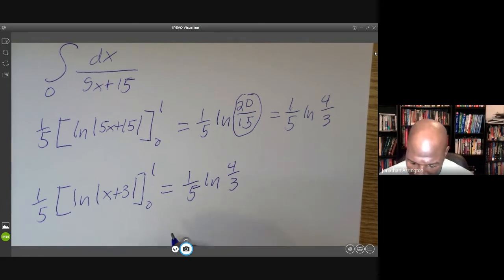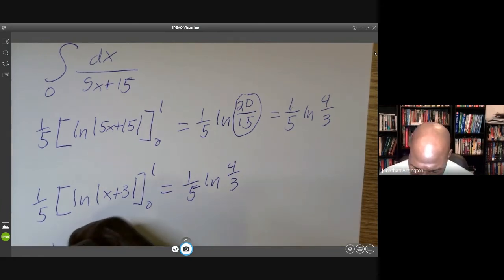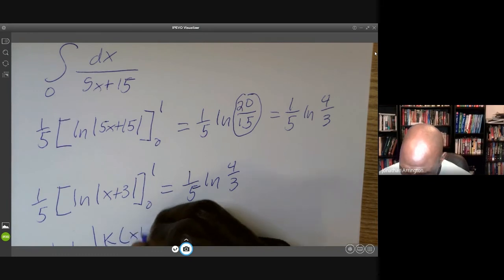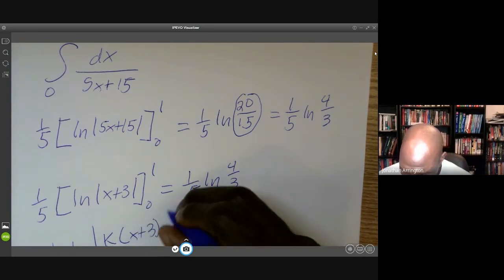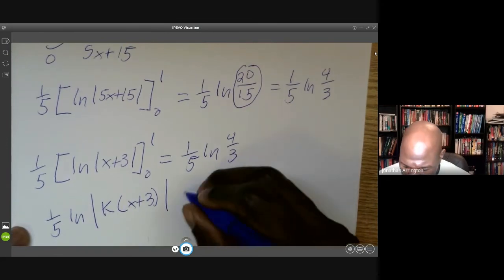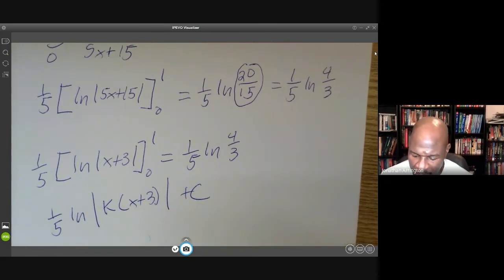In fact, 1/5 ln of k times (x plus 3), where k is some constant, plus c for the indefinite integral, would also be the answer. So not just ln of 5x plus 15, it could have been ln of 10x plus 30, or ln of 2x plus 6, and so forth.